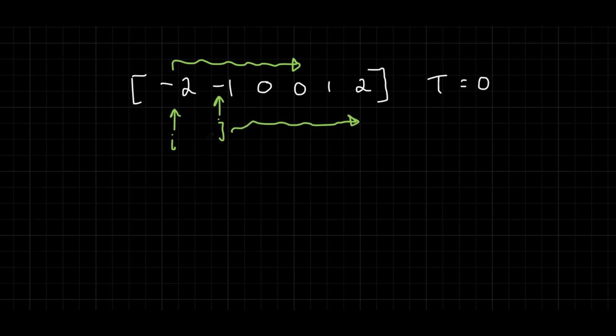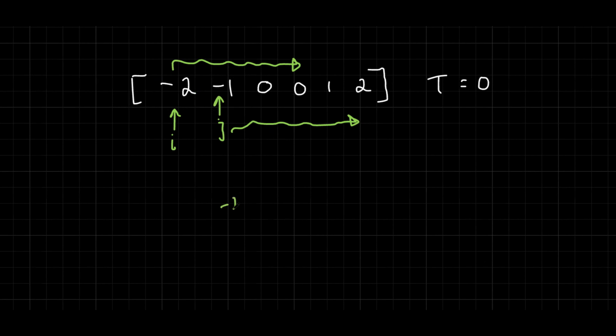So far, so good. We have found the i and j pointers, where i and j will move from left to right. Now, if we take minus 2 as the value of i and minus 1 as the value of j, what will be the summation?